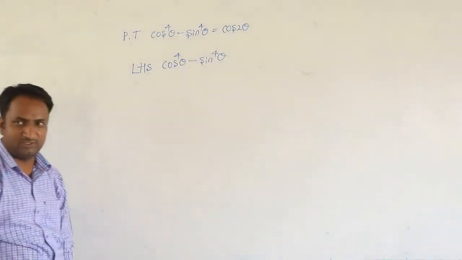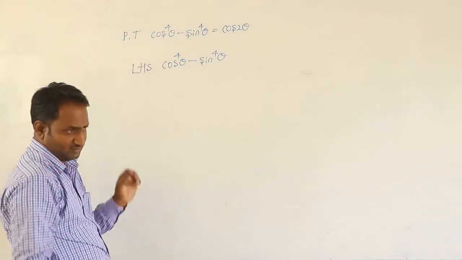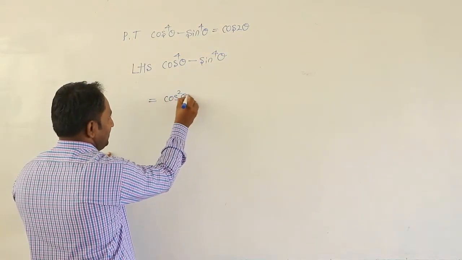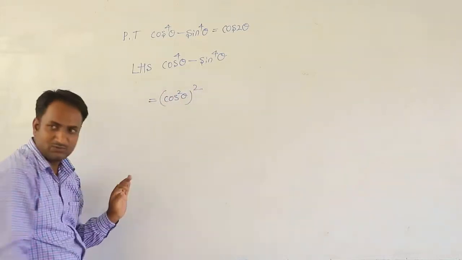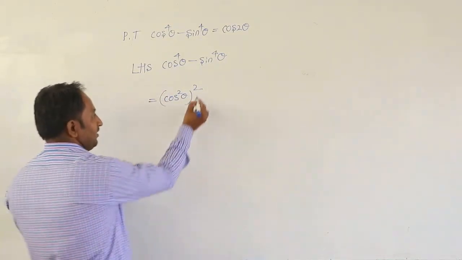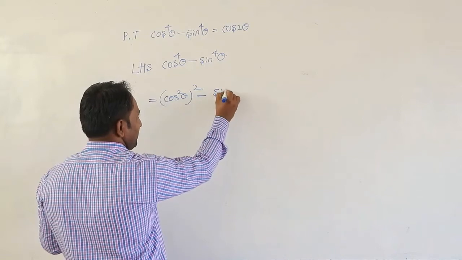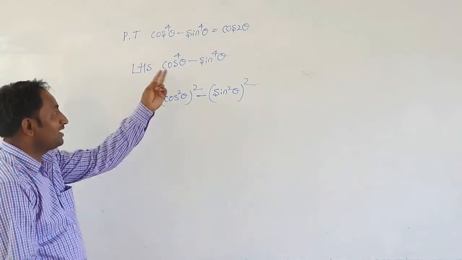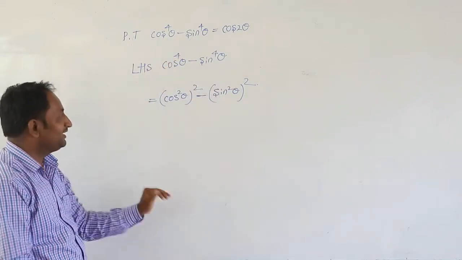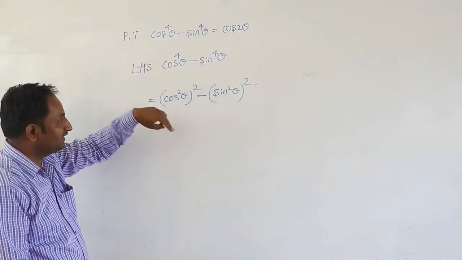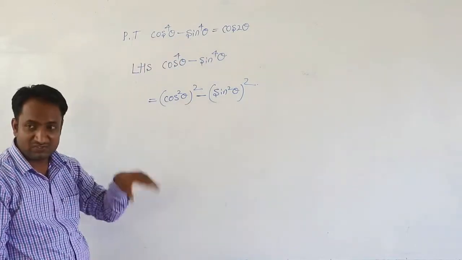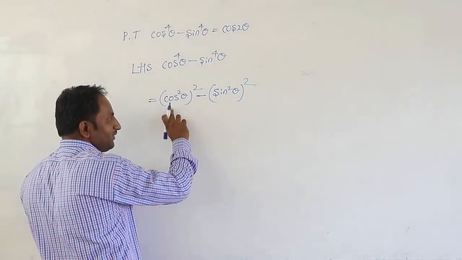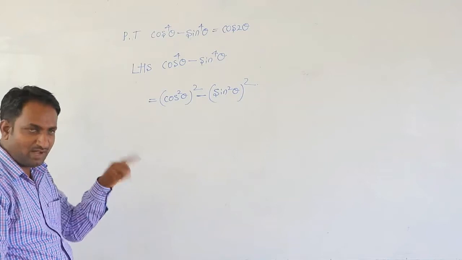Here cos raised to 4 theta can be written as cos square theta whole square minus sin square theta whole square. Cos raised to 4 theta minus sin raised to 4 theta can be written as cos square theta whole square minus sin square theta whole square. Here this is converted into a square minus b square form.